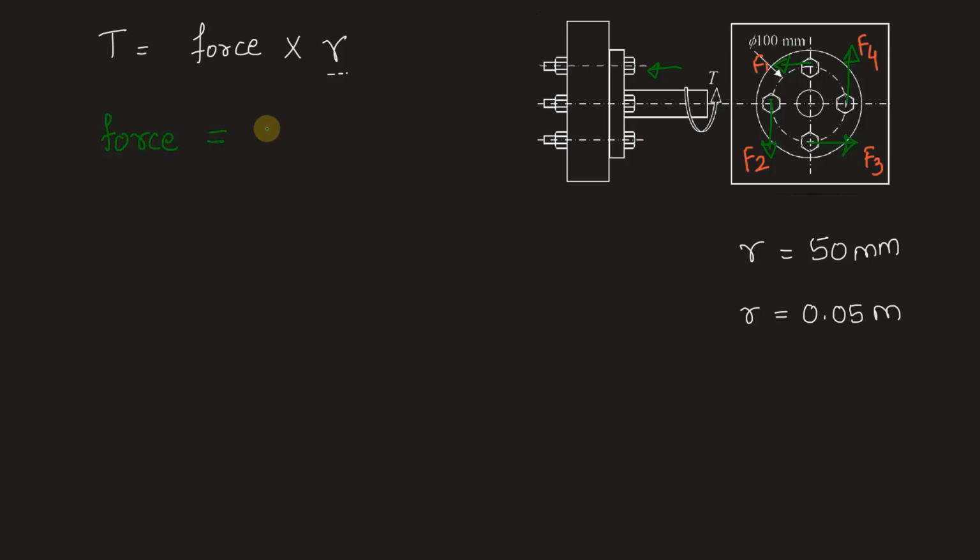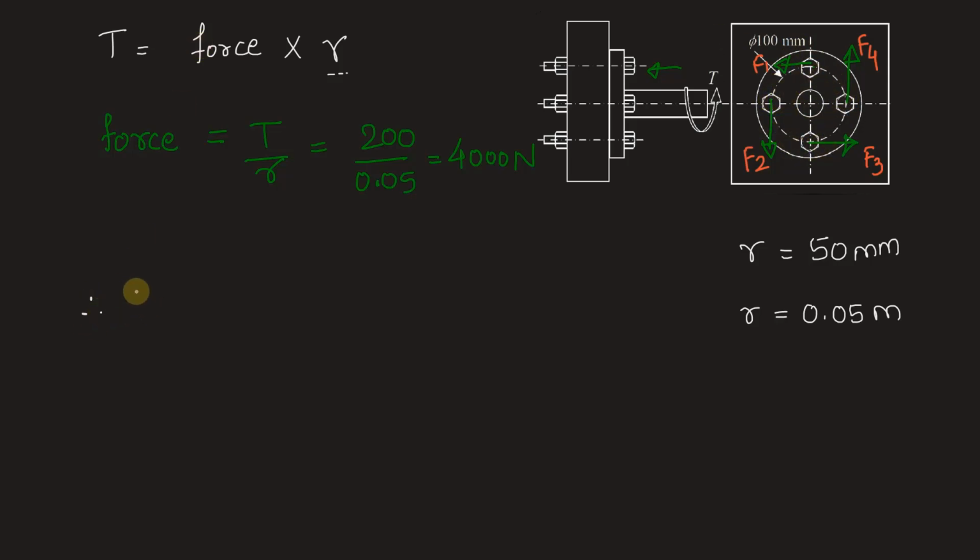So in order to find the forces on all the bolts, let's first find the equivalent force that this torque will produce. We have T by R. T is given to be 200. R is 0.05. So the total equivalent force that the torque will produce is 20,000 by 5, which is 4,000 Newton. Now every bolt is situated at equal radial distance, and that is why the force will be equally distributed among all the bolts.